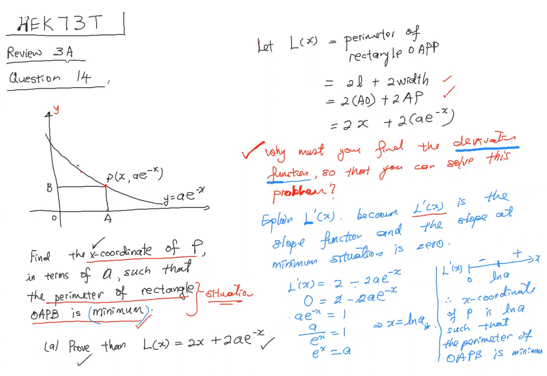Why should I find the perimeter of the rectangle OAPB? Because they want me to find the x coordinate of P at which the perimeter of the rectangle is minimum. Why should I differentiate it? Because at the minimum situation of the perimeter, the rate of change is 0.